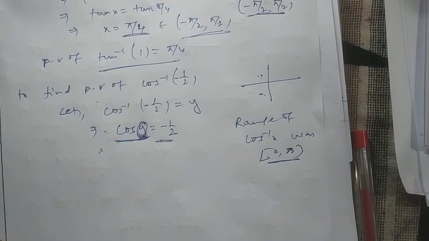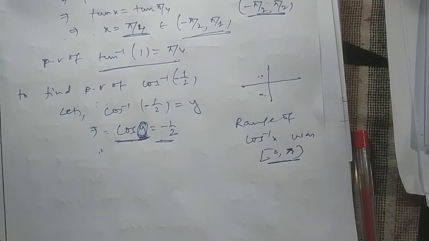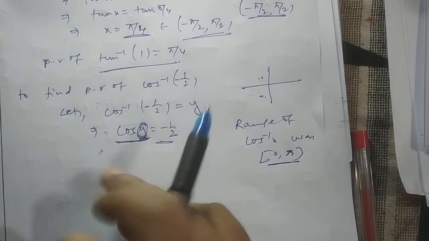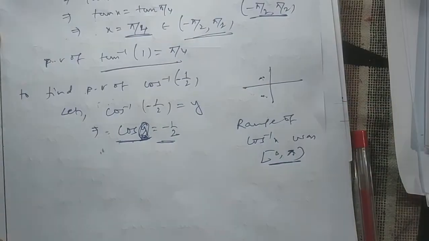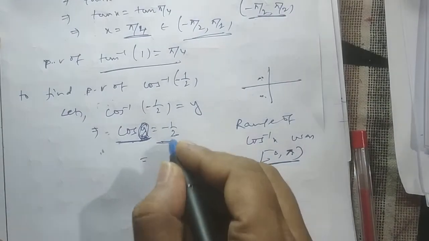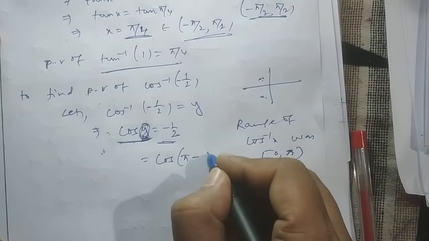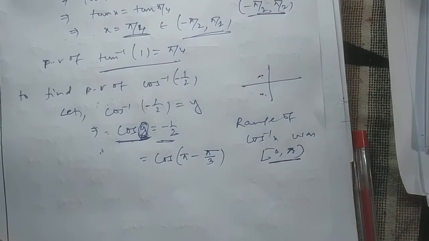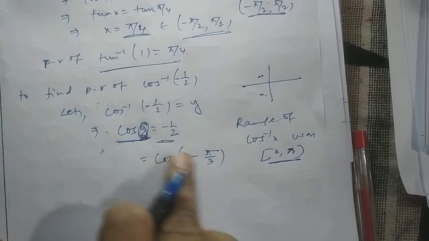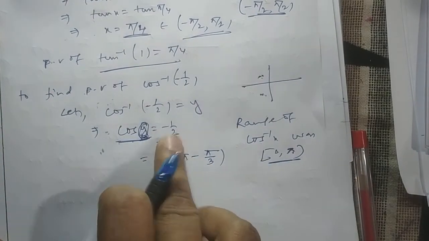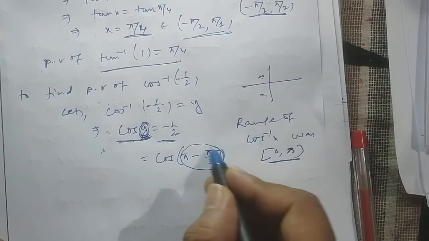That's why we will not be taking the angle in the third quadrant. We shall be considering y in the second quadrant. So for this purpose, this minus half can be written as cos of pi minus pi by 3, because cos pi by 3 is half. So this total angle belongs to the second quadrant.